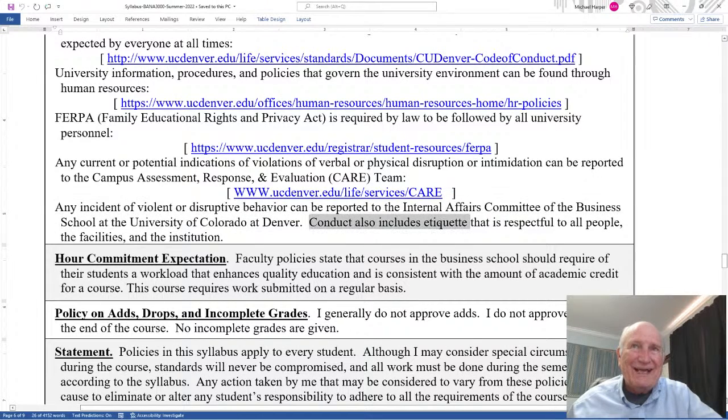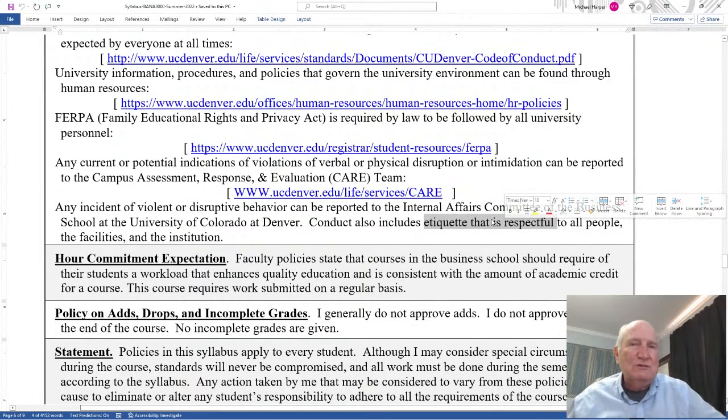Conduct also includes etiquette that is respectful to all people, the facilities, and the institution. I want to emphasize etiquette that is respectful. To me, I think that's the most important thing. Respect education. Respect the instructors who are trying to teach. Respect the students who are trying to learn. Respect the staff because they're trying to help you learn.